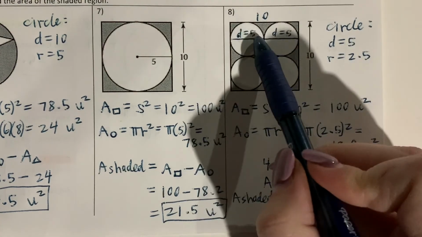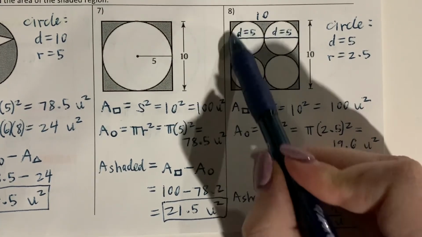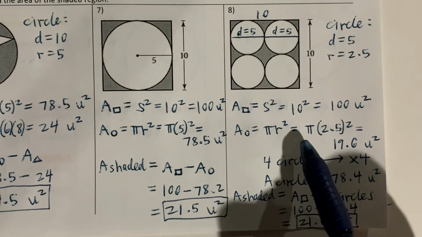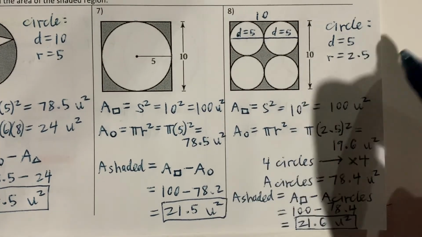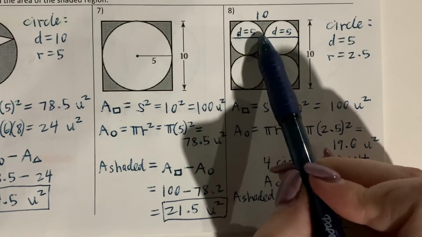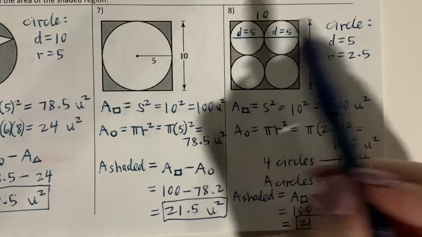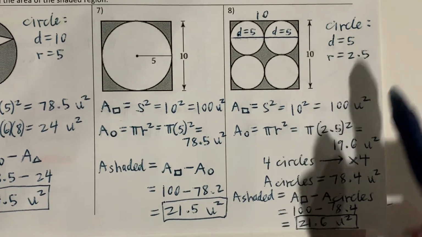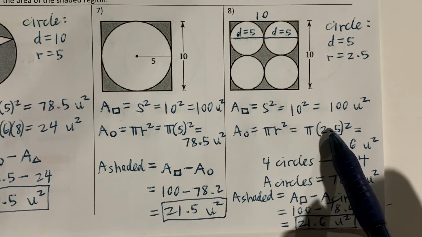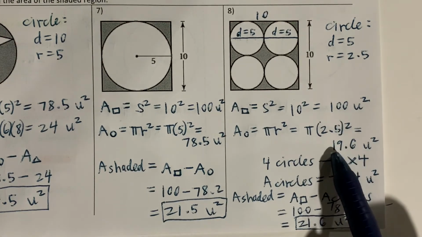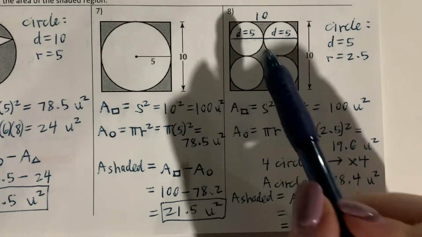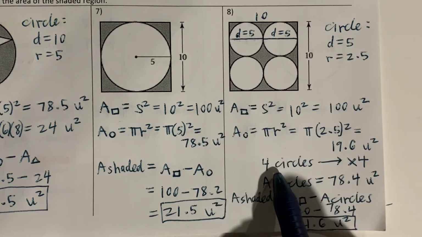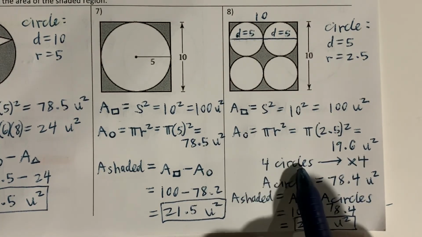So I'm just going to find area of one circle. So let's just say I'm looking at this first circle here. I would do pi times my radius squared. And if my diameter we said for this first circle is 5, we need to cut that in half to get my radius of 2.5. So I would do pi times 2.5 squared to get 19.6 square units. And that's just for one circle. But I made a note here, we don't have one circle, we have 4 circles.